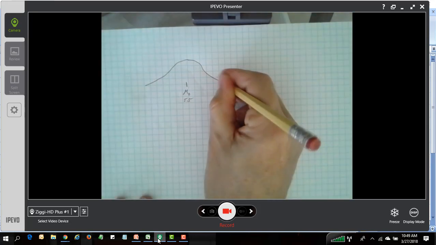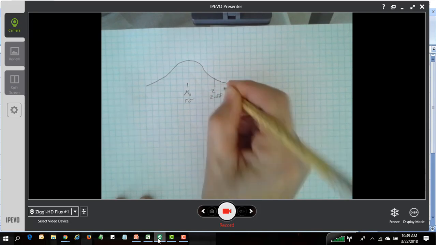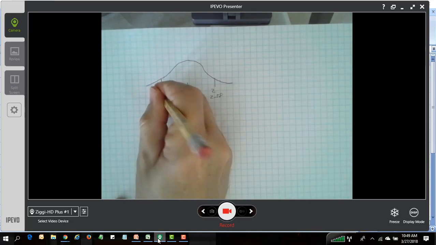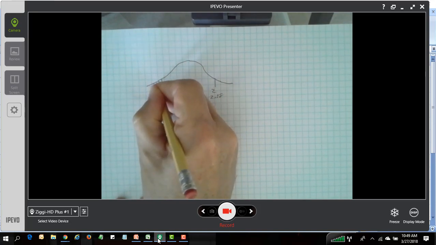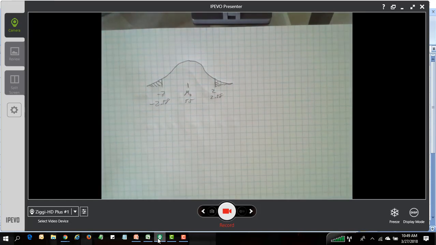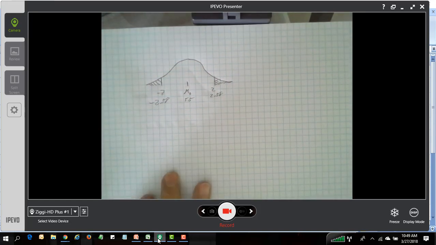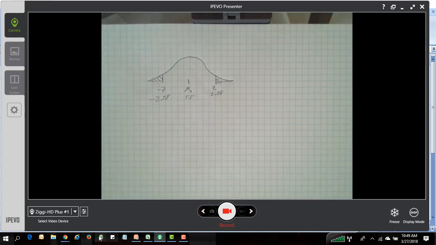And now if I take my z of 2.58 and my negative z of negative 2.58, this would be the alpha risk associated with that value. Okay, so that's what I've calculated so far. Let's go back now to our spreadsheet.